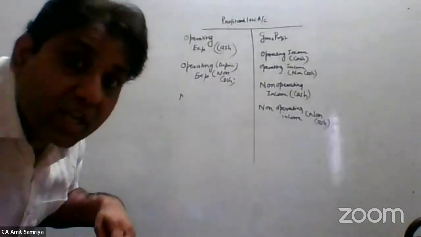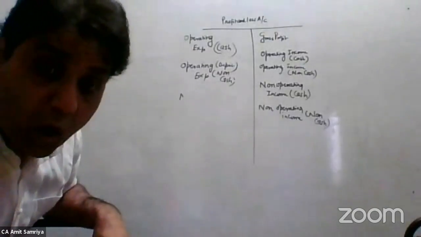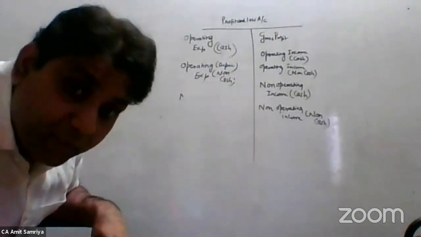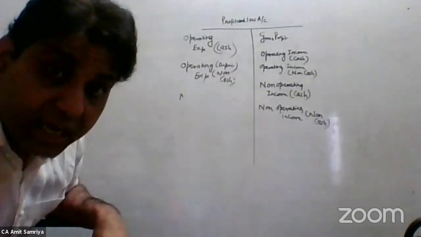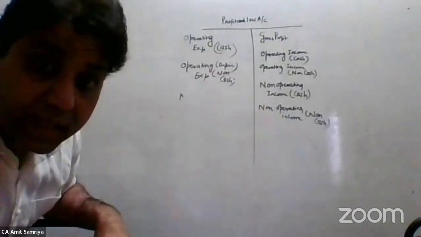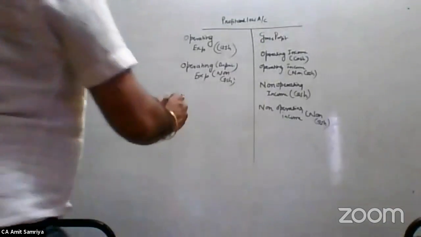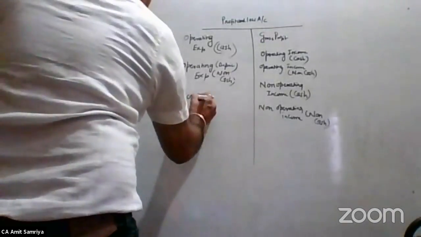Rupees 10,000 depreciation is a part of the cost of the asset. So the 1 lakh asset acquired is an outflow from investing activity, and from its day-to-day use, there is depreciation. It is an expense, an operating activity expense, but it is a non-cash item. Then non-operating expense.